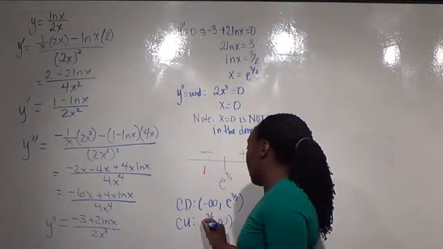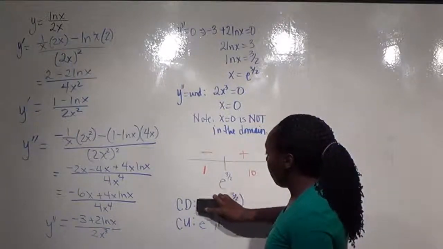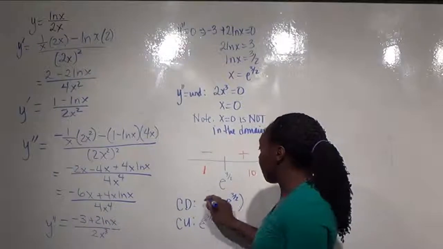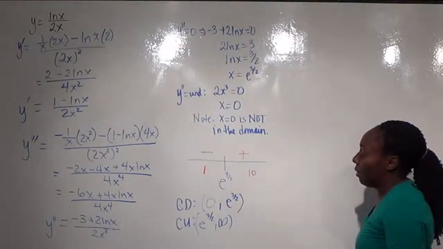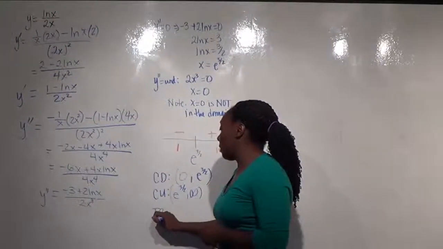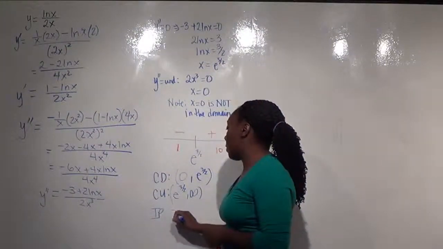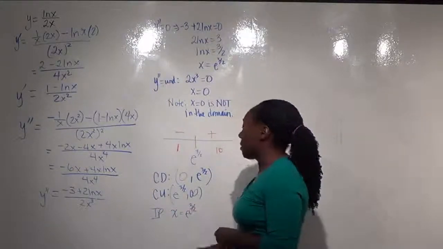So remember our domain is strictly greater than 0. So for this concave down, we need to say from 0 to e to the 3/2. And then lastly, our inflection point for this one is going to occur at x equals e to the 3/2.